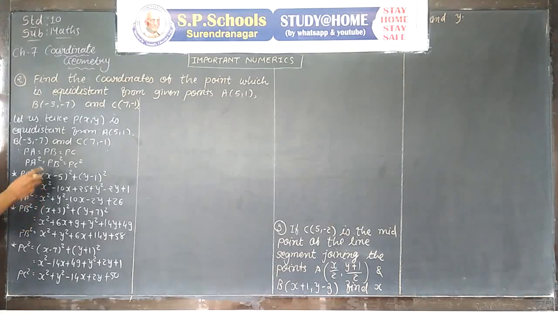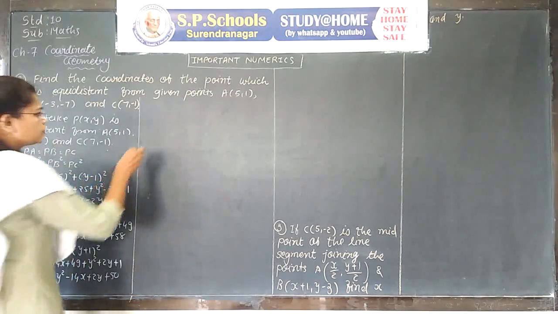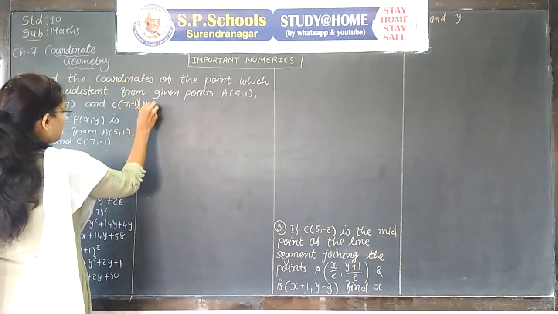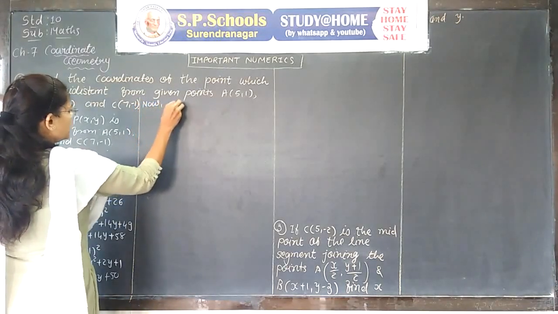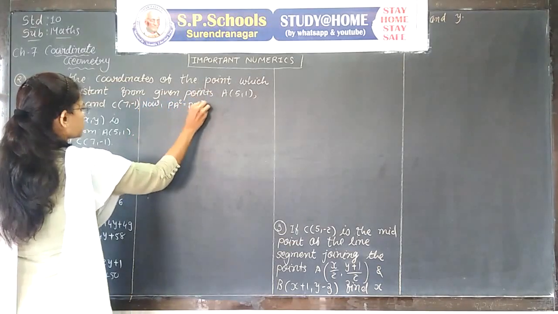Now we compare PA square with PB square, PB square with PC square, or PA square with PC square. Take any two comparisons. Now PA square is equal to PB square.